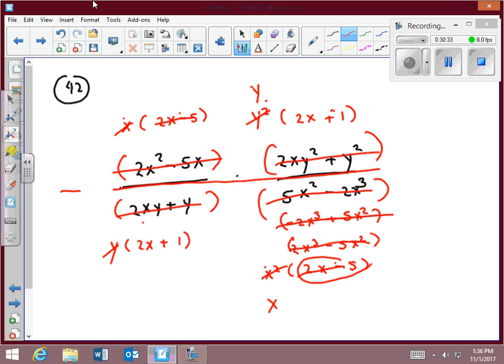Then I have a 2x plus 1, 2x plus 1. Those are multiplicative inverses. That goes away. Now my answer is this negative sign, minus y left in the numerator over x left in the denominator. And there's my answer.